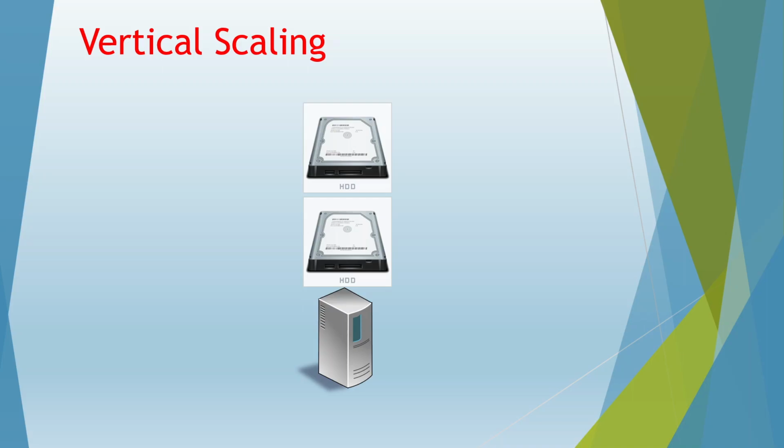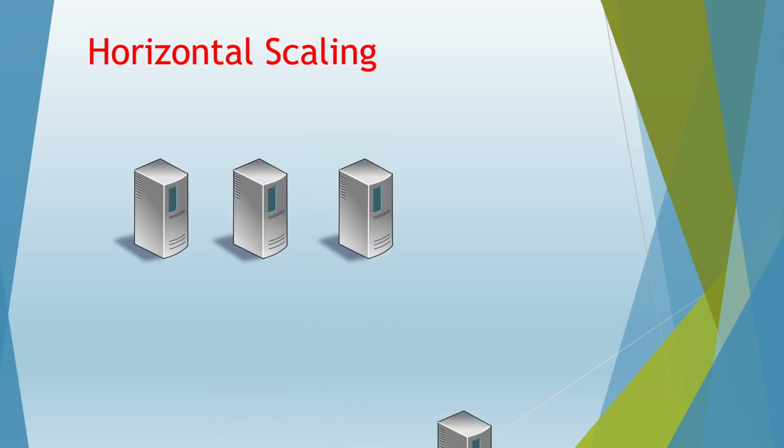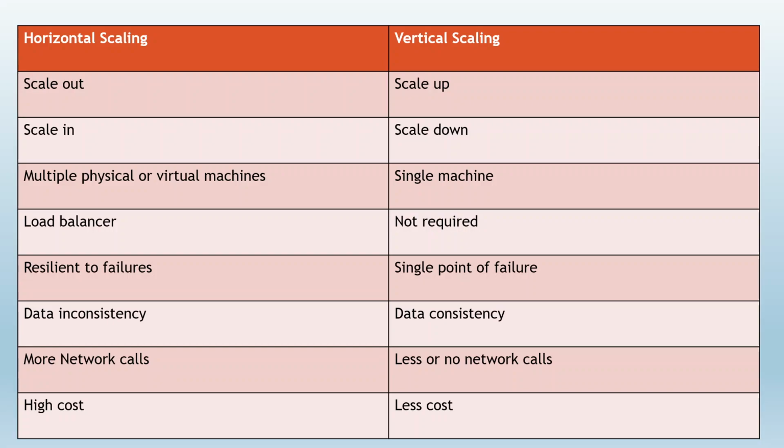And when you don't have so much traffic or so much data, you can deallocate the storage device or the RAM or memory device, right? Then you are coming inside. That is called scale down. So in vertical scaling, that is called scale up and scale down.